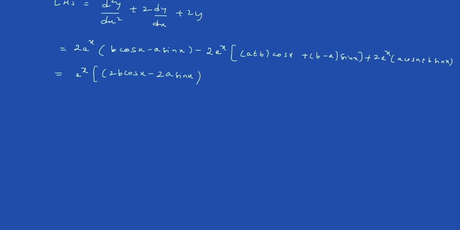Next minus of (2a cos x plus 2b cos x). If you multiply 2 inside this term, then we get minus of 2a cos x plus 2b cos x.